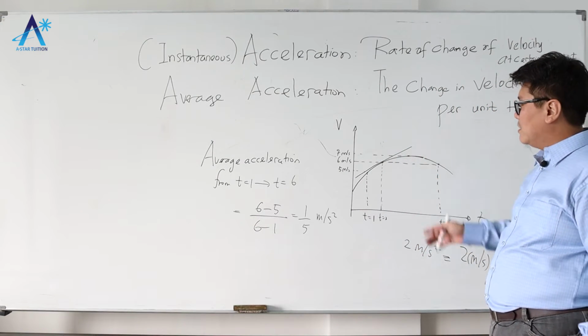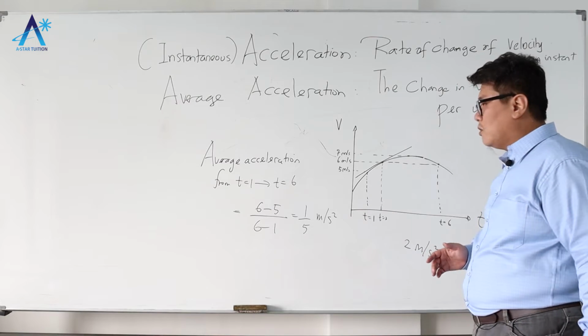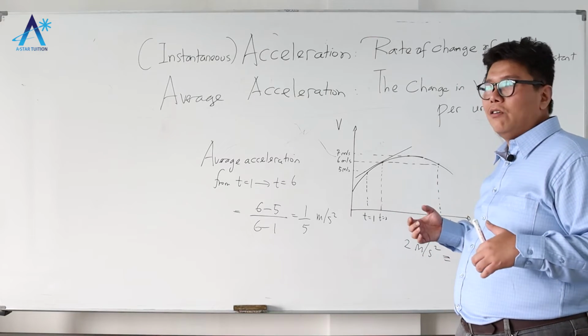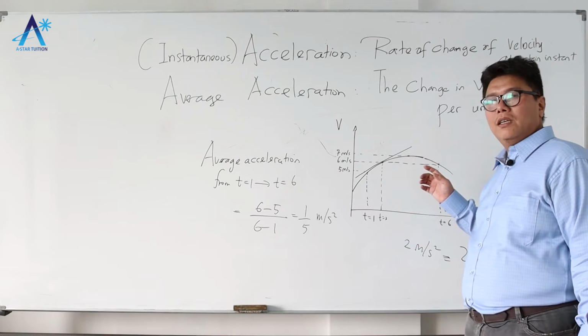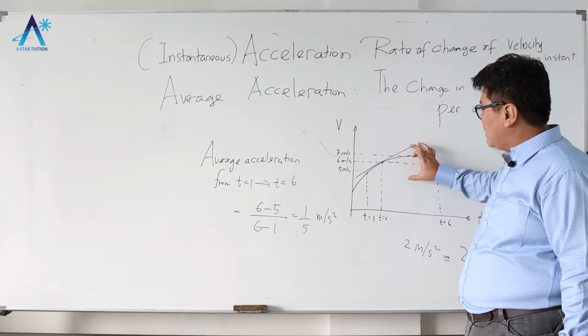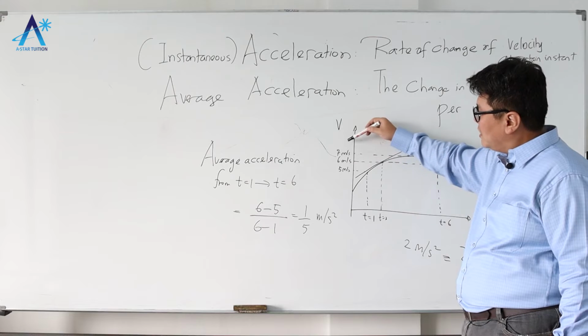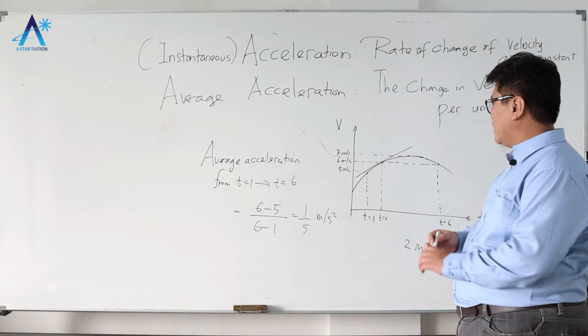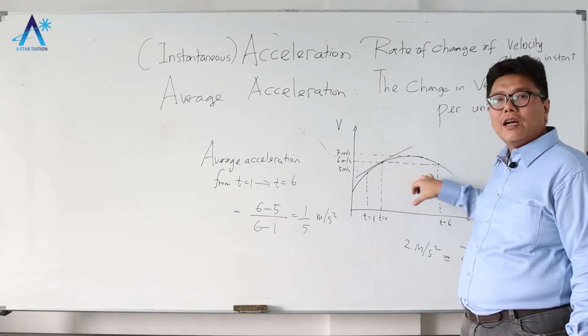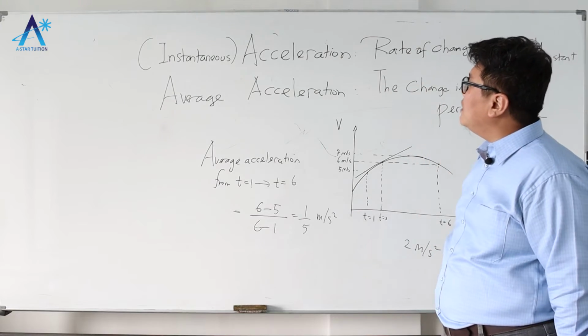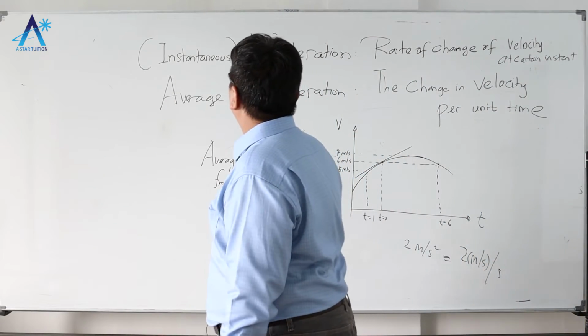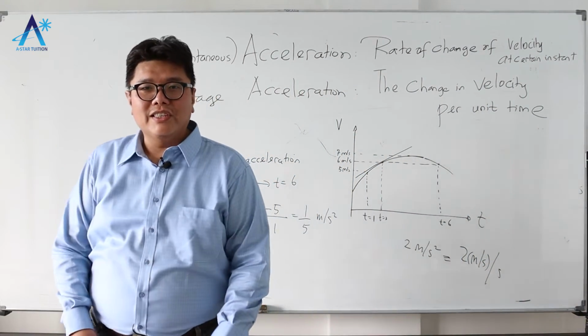In questions, tests or exams, usually we estimate based on the labels. Usually they will tell you what the labels are, then you can calculate rise over run to find an estimate for the instantaneous acceleration.